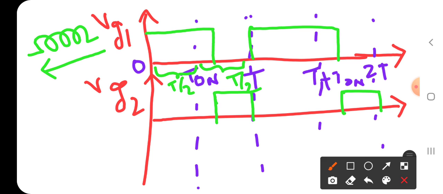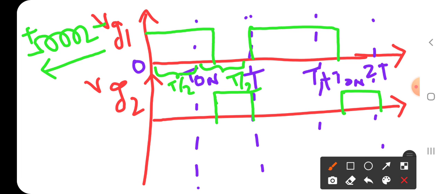These are the terminals of the inductor. To discharge its energy, the inductor makes diode D2 forward biased.